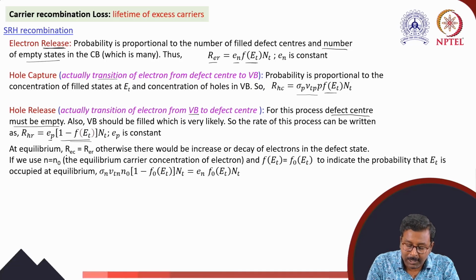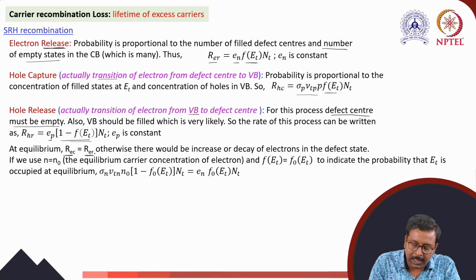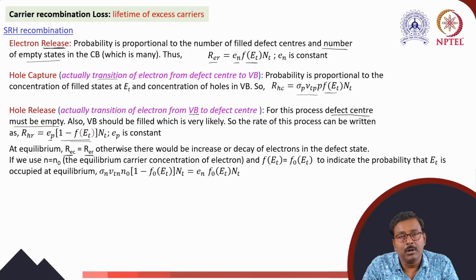At equilibrium, the electron capture and electron release must be equal. Otherwise, there would be accumulation of electrons in the trap state, or a decay of electrons in the trap states. But this is not allowed and does not happen. That's why capture and release rates must be equal. Similarly, hole capture and hole release rates must be equal.